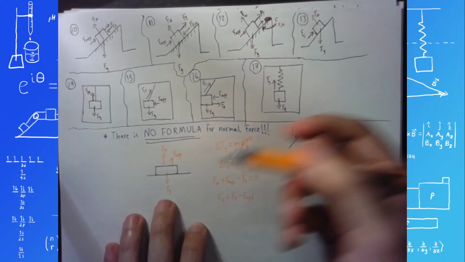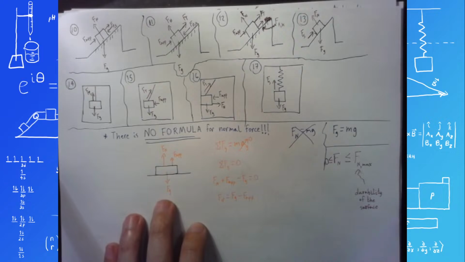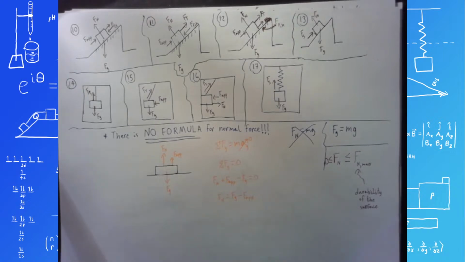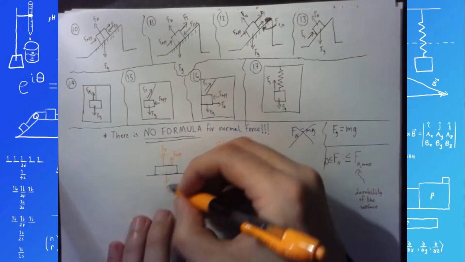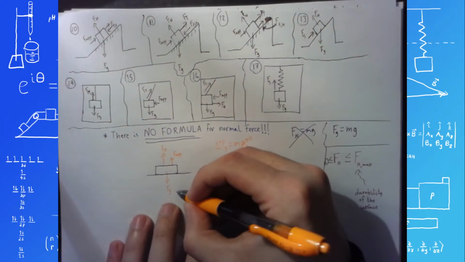So if the book weighed, for example, let's say 20 newtons, that's probably too much. No. Let's say 2 newtons. Let's say the book weighed 2 newtons.